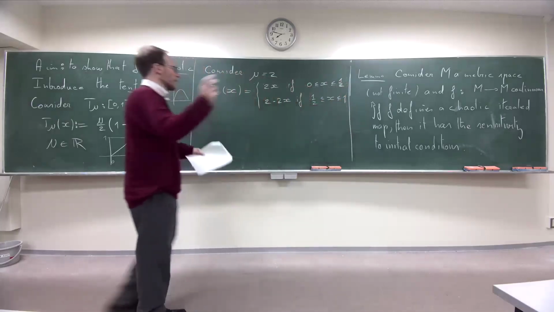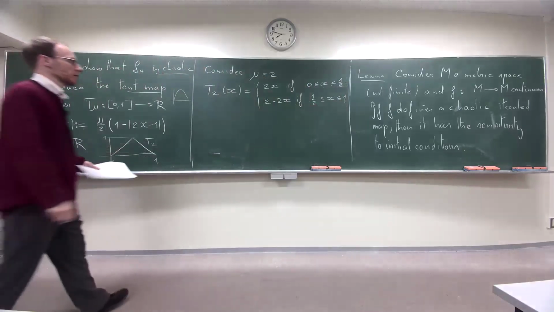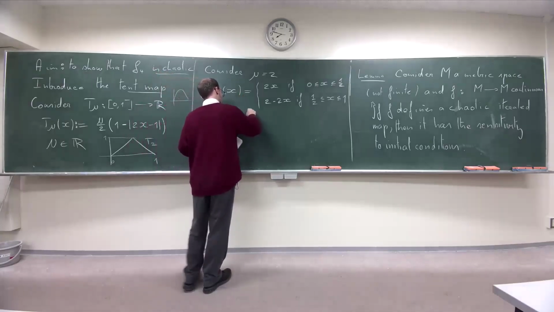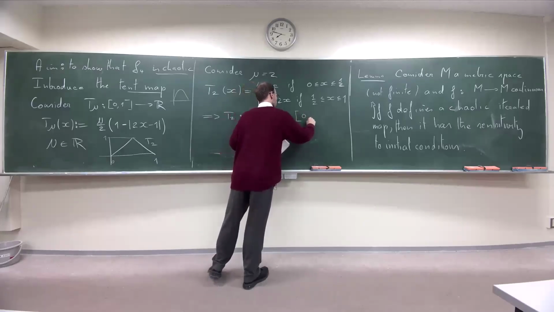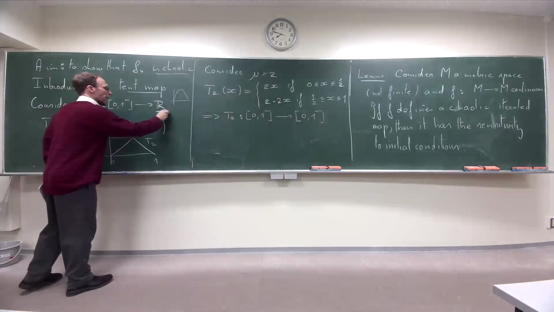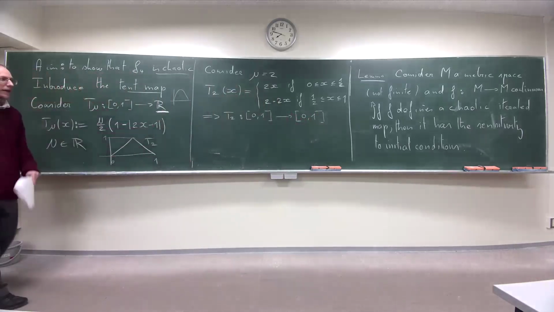So I can eliminate the absolute value by considering two cases. So T2 is in fact a map from 0, 1 with values in 0, 1. The general codomain is useful for more general mu.